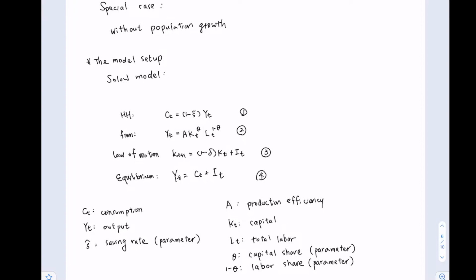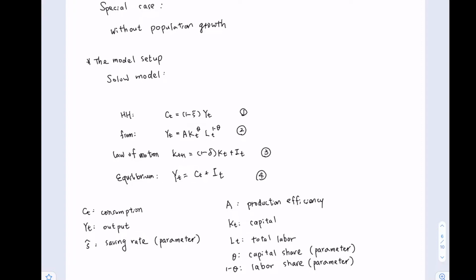Now we want to look at the Solow model again, but we assume that there is no population growth, and see how that changes the way we solve the model and the answers. It turned out that the way we solve the model is exactly the same. The answer is slightly different, but it probably is more intuitive. So now let's go through this special case.